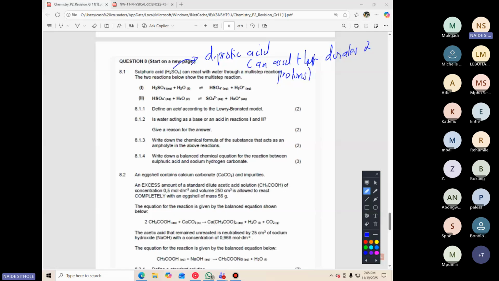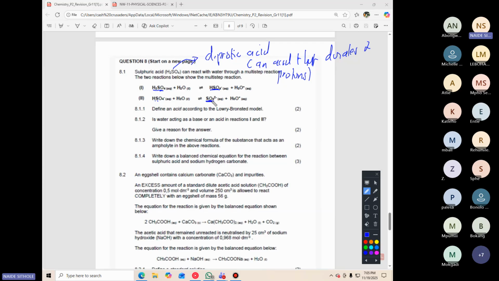So if it can donate 2 protons, it is a diprotic acid. It will be a process where it first gives off its first proton, or hydrogen. Then it will continue and give off another hydrogen.